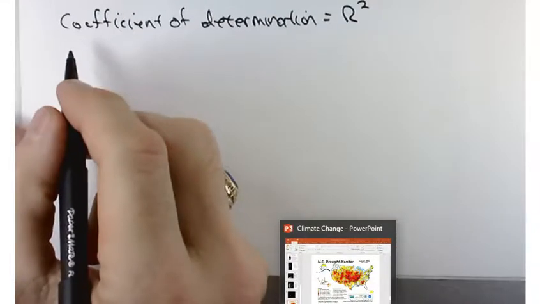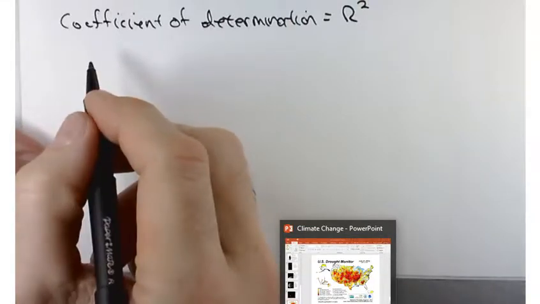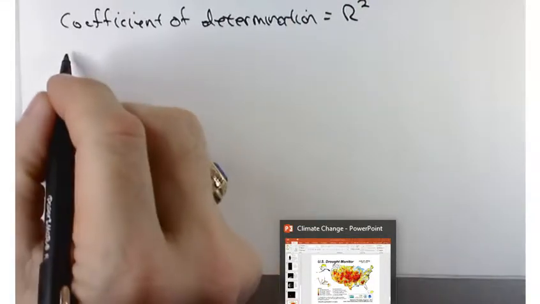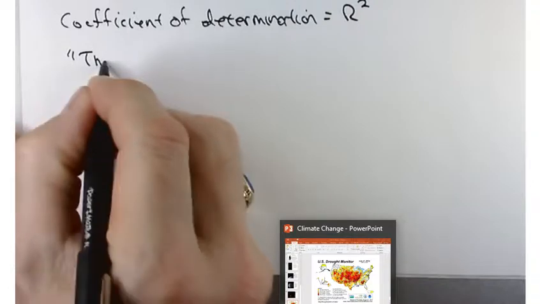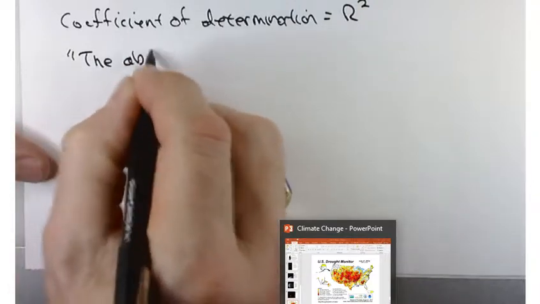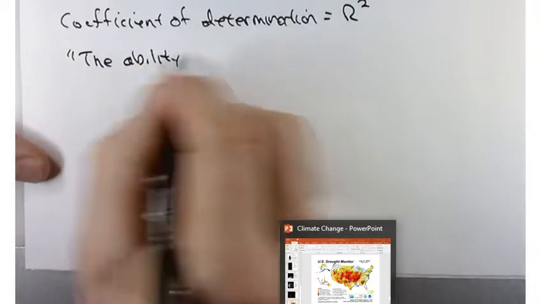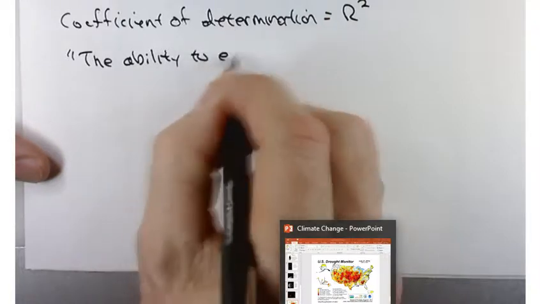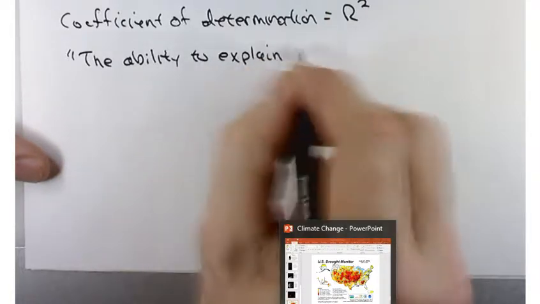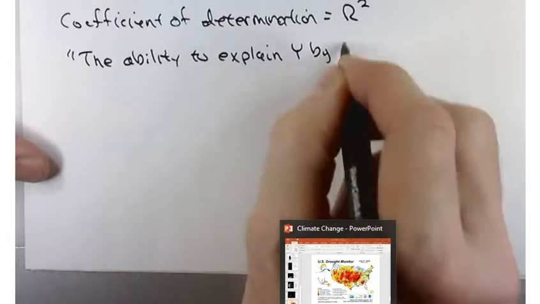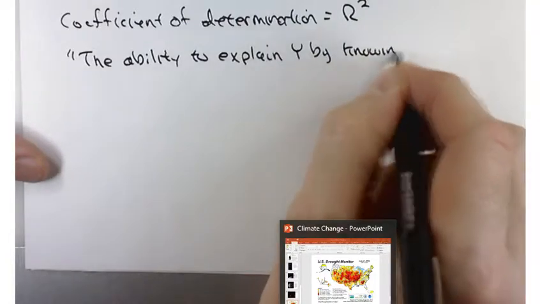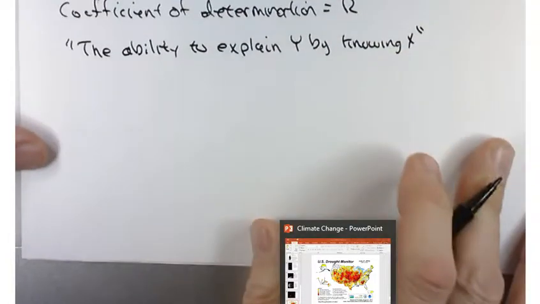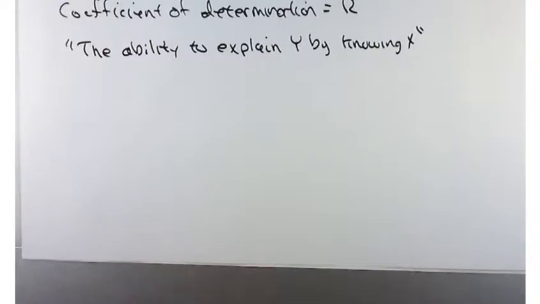R squared tells us the ability to explain y by knowing x. That's a very informal definition. One of my students in my morning class happened to use that one, and I liked it. So that's a nice informal definition.